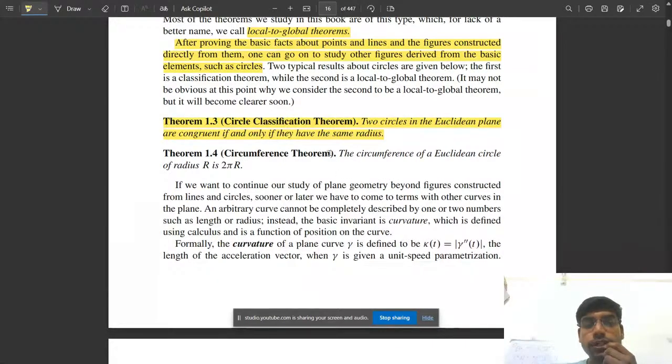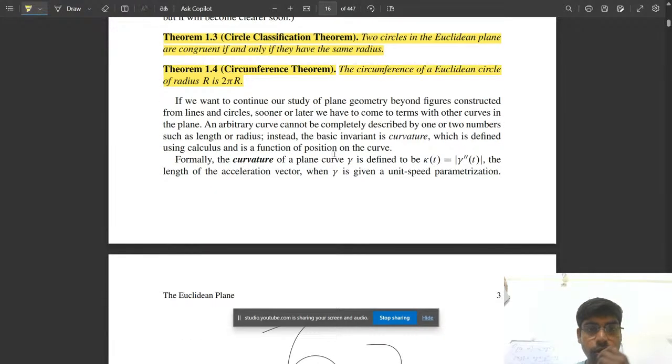Then there is the circumference theorem: the circumference of a Euclidean circle of radius r is 2 pi r, right? These are all things we already knew from school.